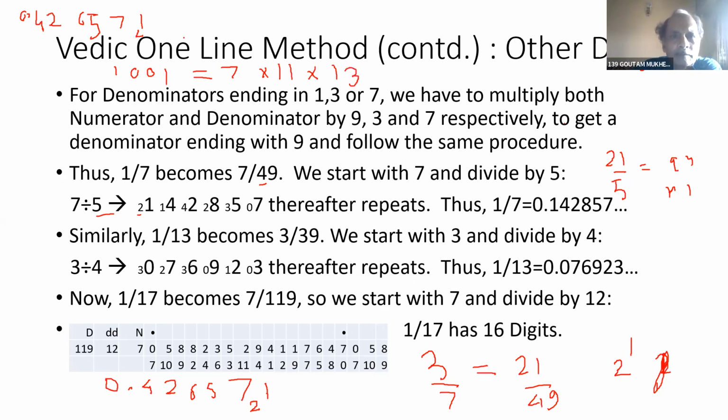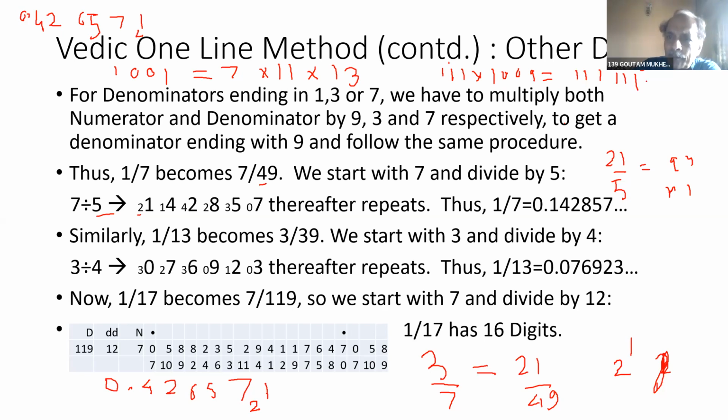As a result, if I multiply 111 by 1001, it is equal to 111111, six 1s. So 13 is a factor of this, because 13 is a factor of 1001.